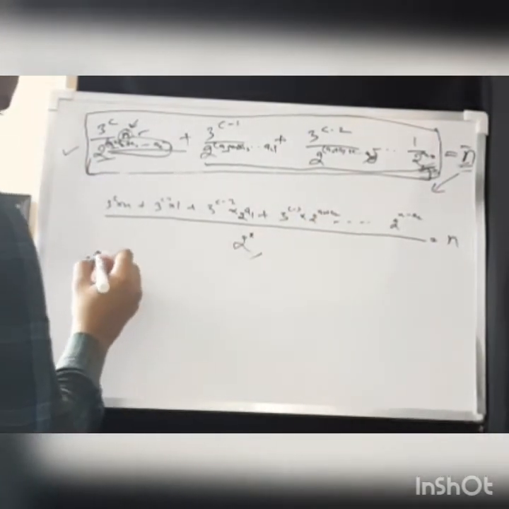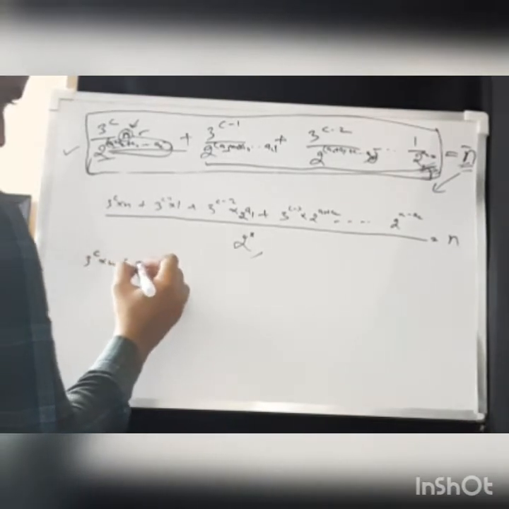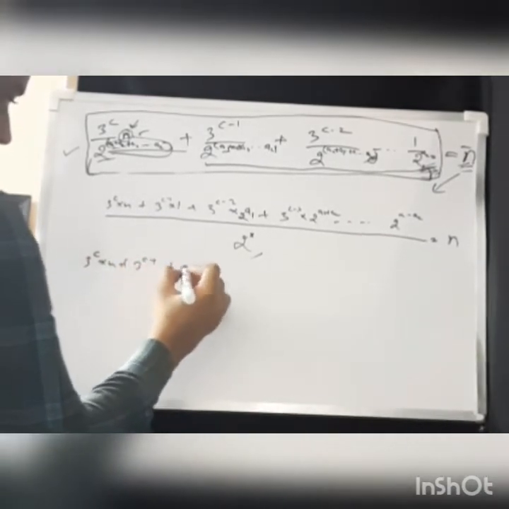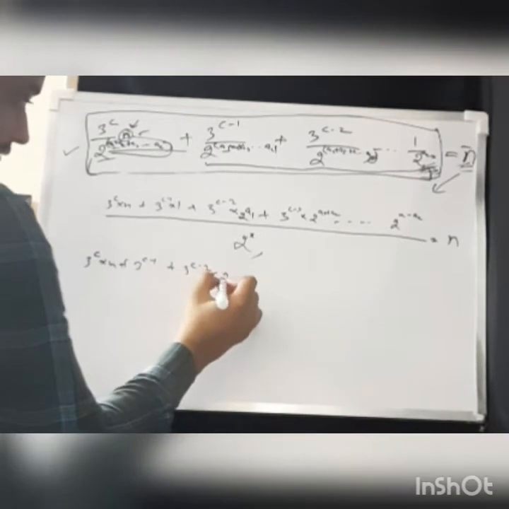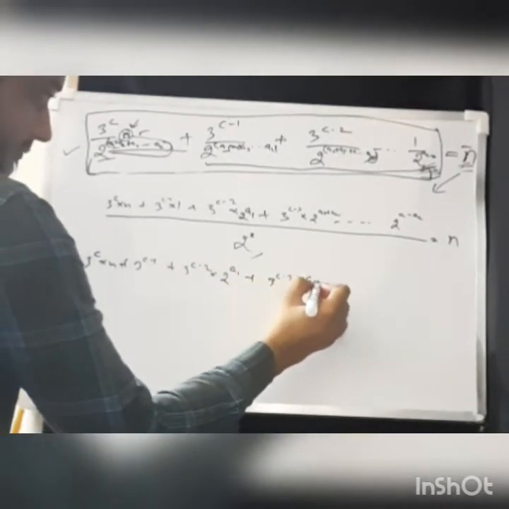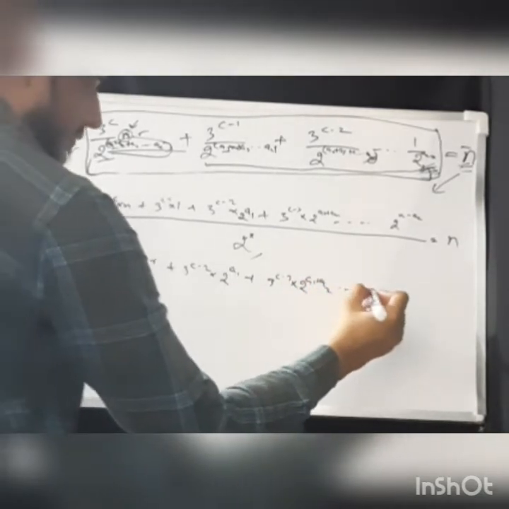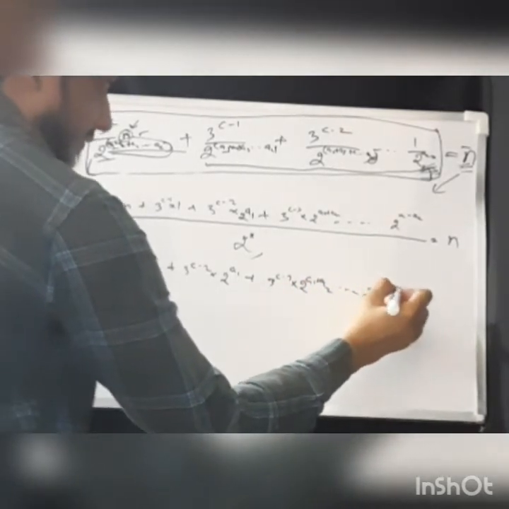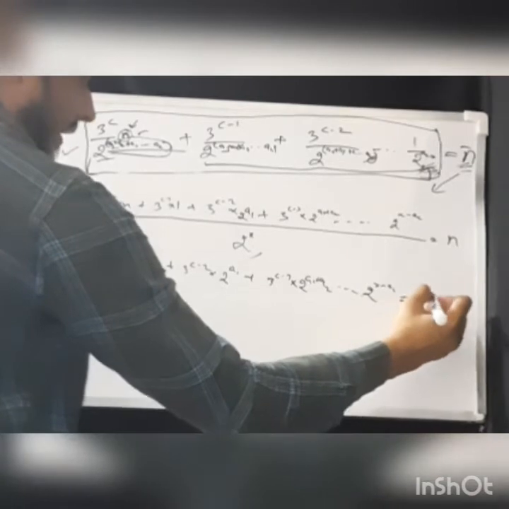I would multiply this on the other side, we get 3 to the power c into n plus 3 to the power c minus 1 plus 3 to the power c minus 2 into 2 to the power a1 plus 3 to the power c minus 3 into 2 to the power a1 plus a2, ... 2 to the power x minus ac equals n multiplied by 2 to the power x.